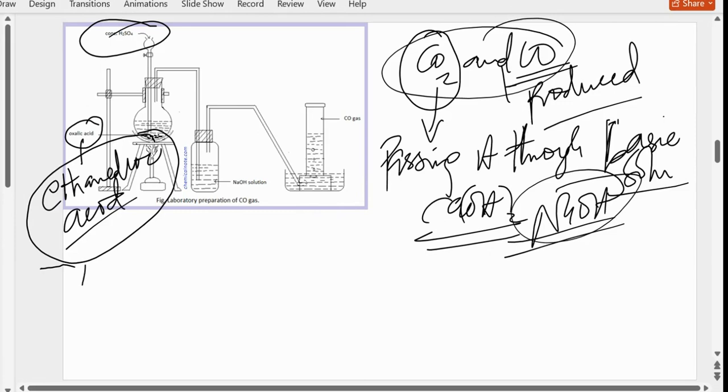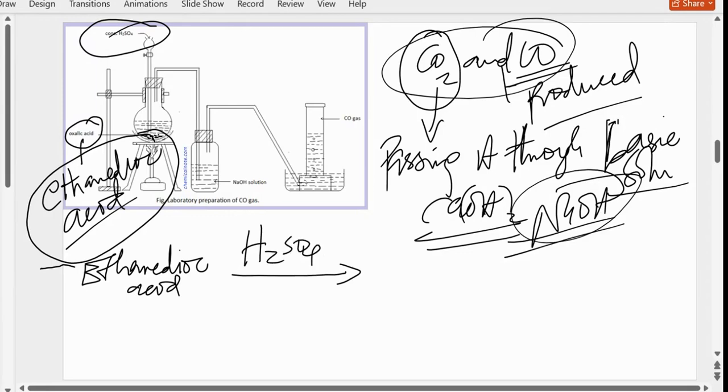That is why we have ethanedioic acid. We are dehydrating using concentrated sulfuric acid, and what we obtain is carbon(II) oxide plus carbon(IV) oxide plus water.